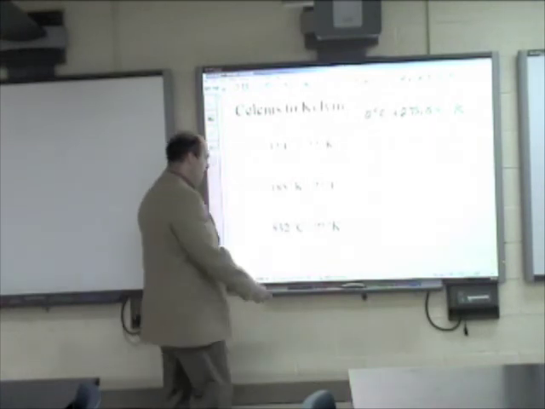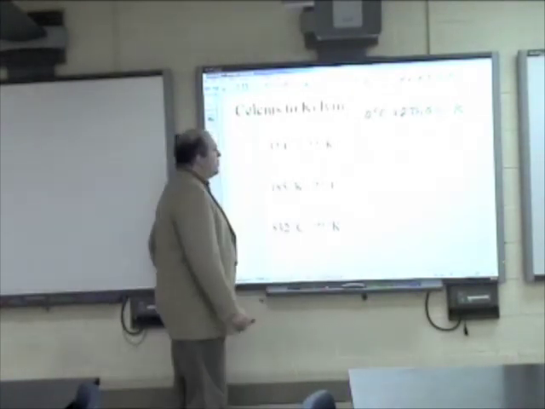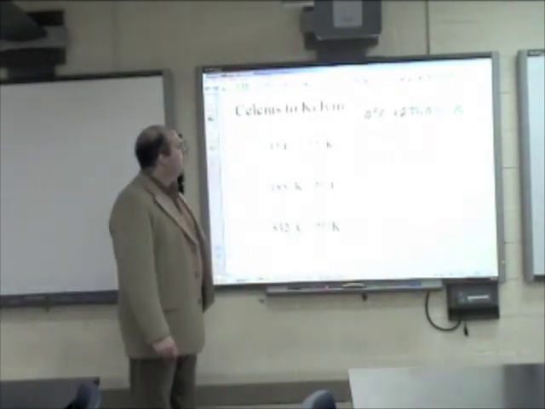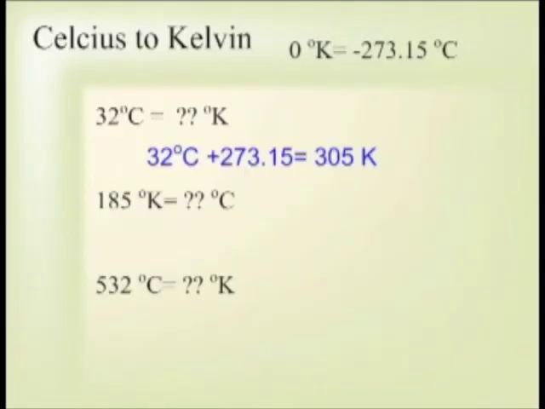Okay, so if we're going to convert from Celsius to Kelvin, we have a few examples for us to try here. For our first one, 32 degrees Celsius converting to Kelvin, that's simply going to be 32 degrees Celsius plus 273, and we can perhaps leave off the .15, is equal to Kelvin. You can use your calculator to figure out what that is. For our next question, we start with Kelvin and we want to get degrees Celsius.